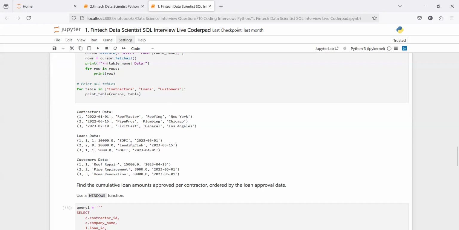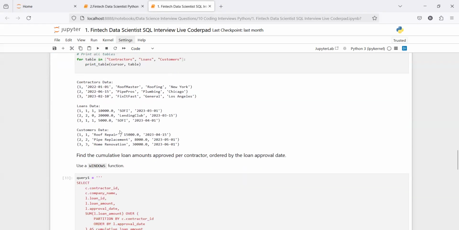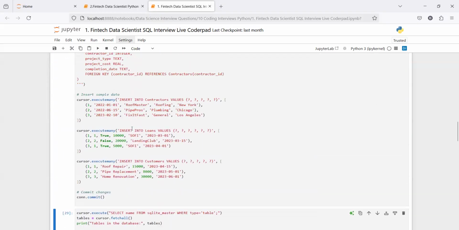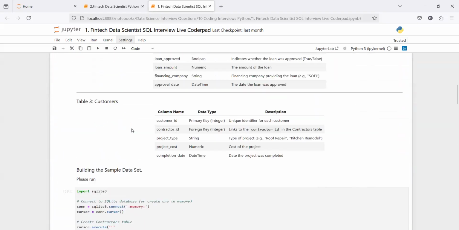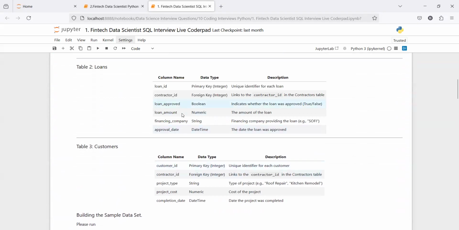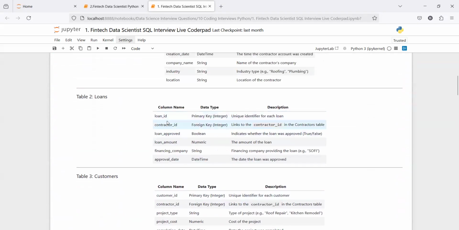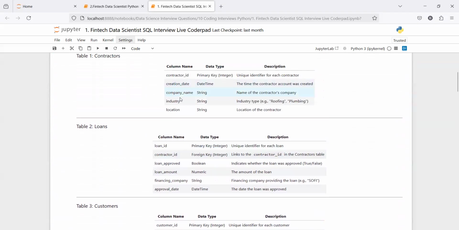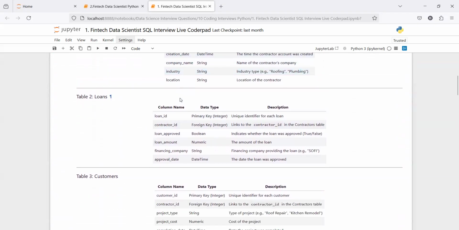These are the loans, the lending companies, and the customer data. You saw that with the foreign key, you have to link up these tables or join the tables. Immediately that should be on your mind when you see that.